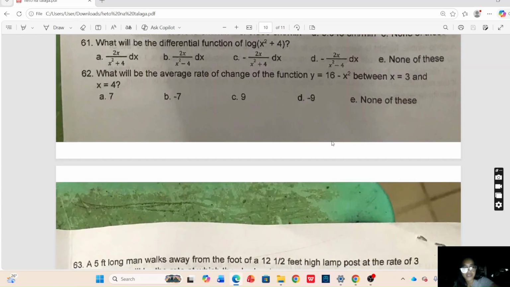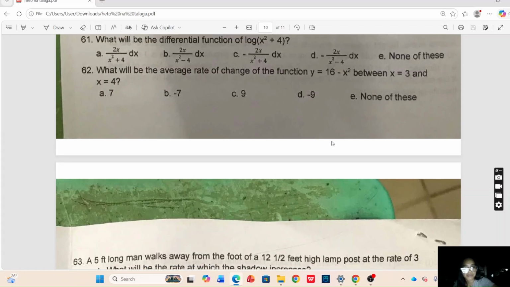So let's have number 61. In number 61, the first question, we differentiate a logarithmic function using the chain rule.